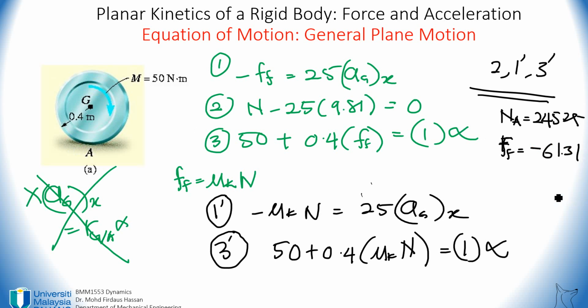Suppose it goes to the right. And alpha basically is 25.5 radian per second square, and A is 2.45 meter per second square. Basically there's no relationship between alpha and A because this case is a roll with slipping.